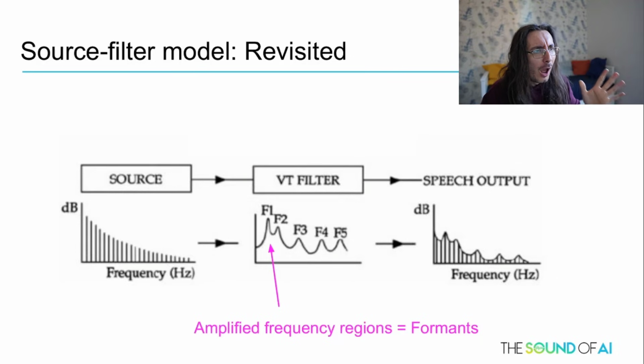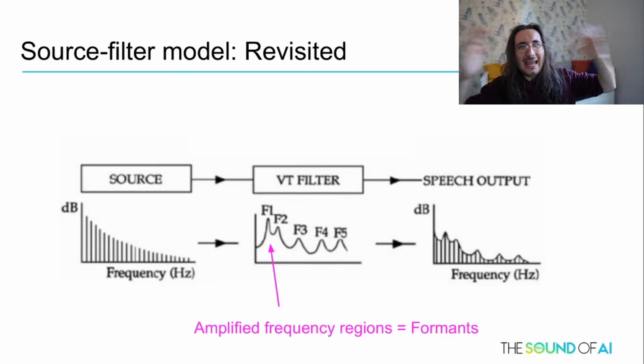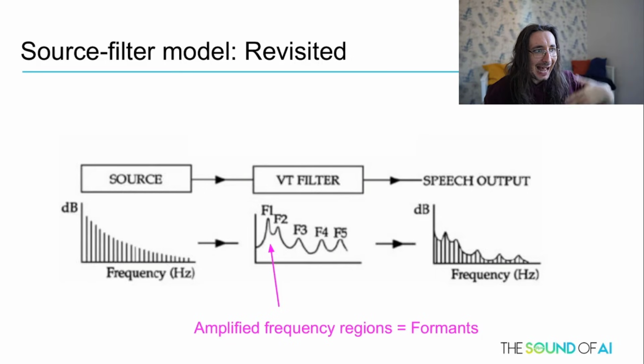These are the amplified frequency regions that we call formants. If you've ever heard this weird alien concept, formants, this is what it is: the bumps, the resonances at certain frequencies, and they are determined by the vocal tract. Each person has a slightly different vocal tract, so you can think of formants as a person's fingerprint.